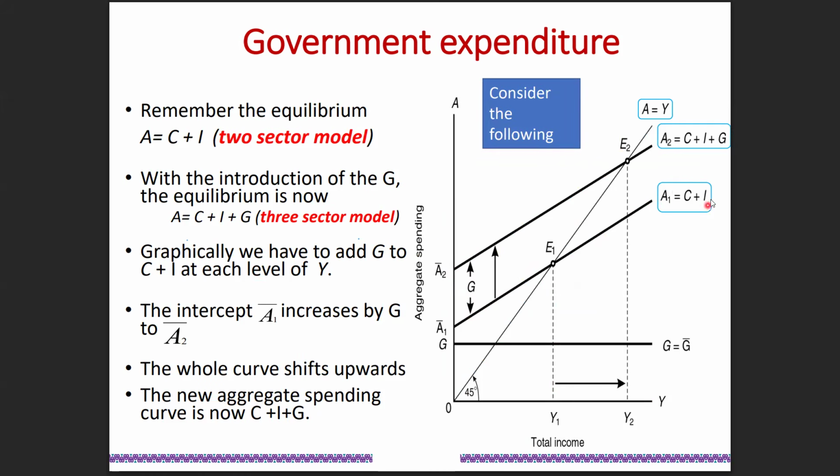When we were just looking at the two-sector model, our autonomous component was just autonomous consumption and autonomous investment, which we add together to get autonomous aggregate expenditure one, which is here. But now because we also include autonomous government expenditure, our autonomous spending increases from here to A2 bar. By introducing the government, aggregate expenditure increases as well as the income, but the multiplier does not change.